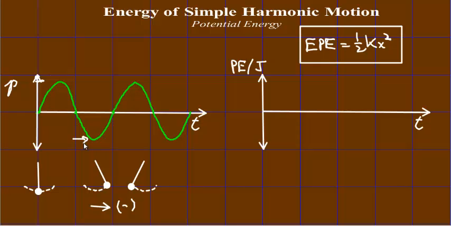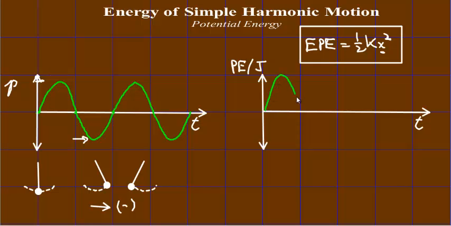Since the potential energy depends on displacement x squared, the graph for potential energy is going to look very similar. The only difference is if you have a quantity squared, that quantity can never be negative. So our graph is going to follow the same shape as the position time graph, like that. That wasn't a very good sketch.